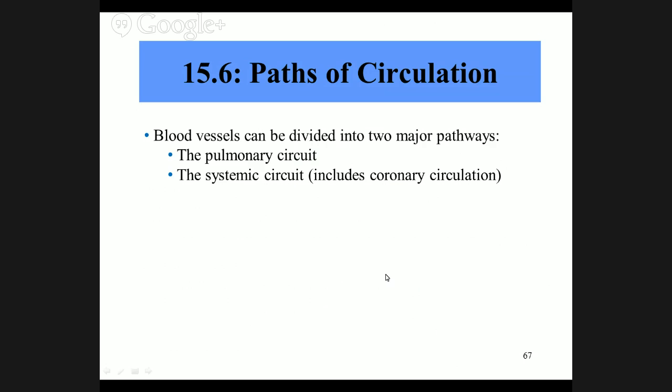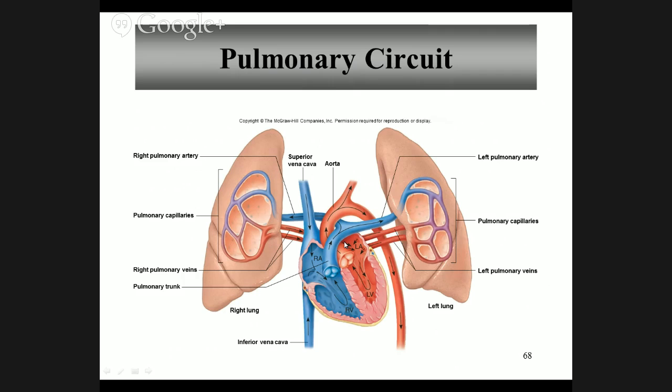Let's talk about the paths of circulation. We talked about the blood vessels can be divided into two major pathways, the pulmonary circuit and the systemic circuit, which includes the coronary circulation. And here's the pulmonary circuit. Again, we talked about this earlier. Blood coming through the superior vena cava into the right atrium, through the tricuspid valve, to the right ventricle, to the pulmonary semilunar valve.